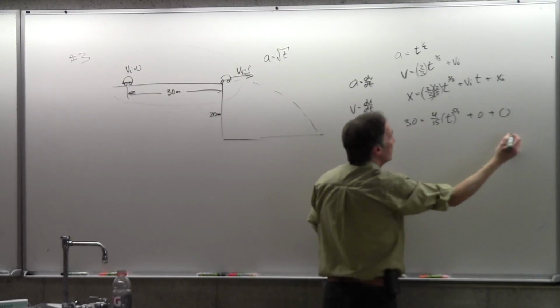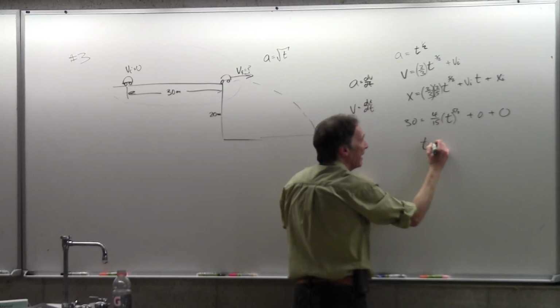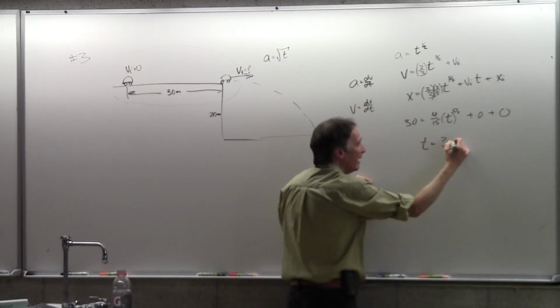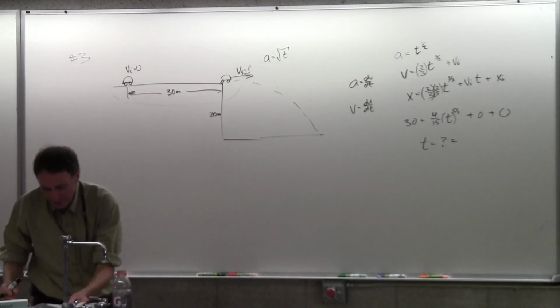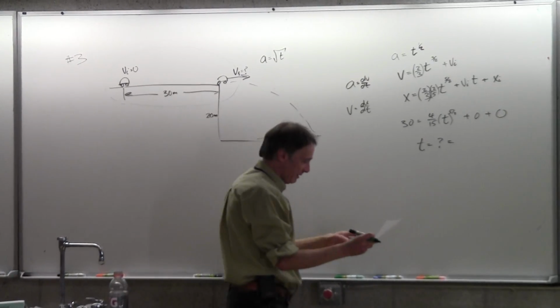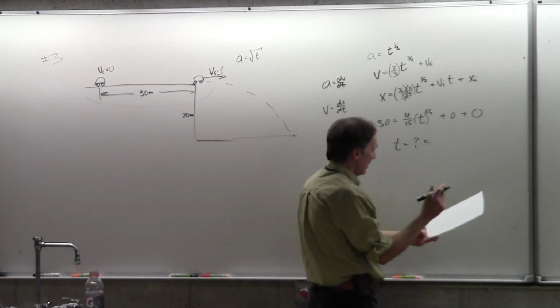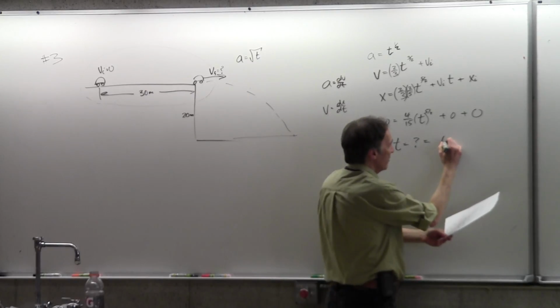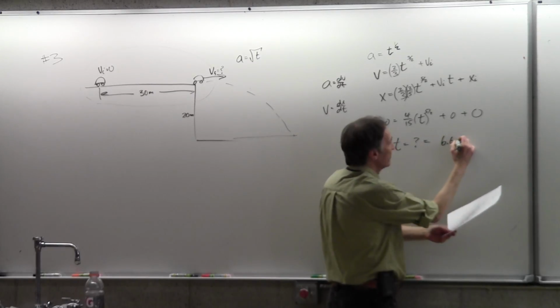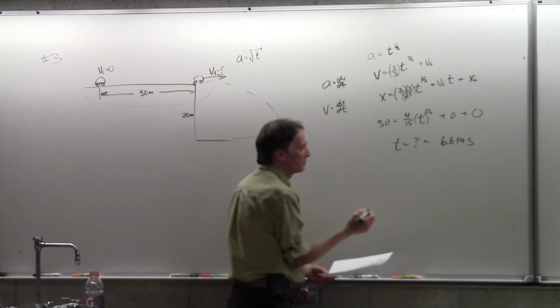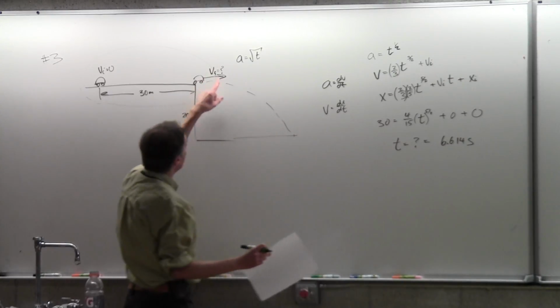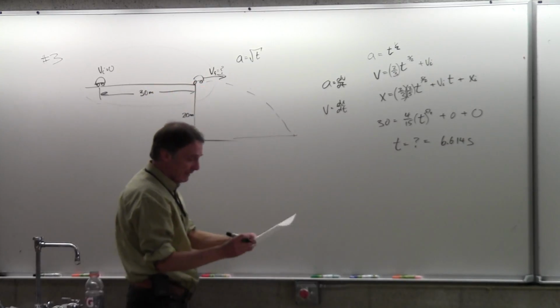And so that's true. And so then we can go ahead and solve for the time. Let me just write down what I got, and you can compare your notes. I've got a time of 6.614 seconds. Carry an extra place. We want to get the speed that he's going to drive off, the velocity.